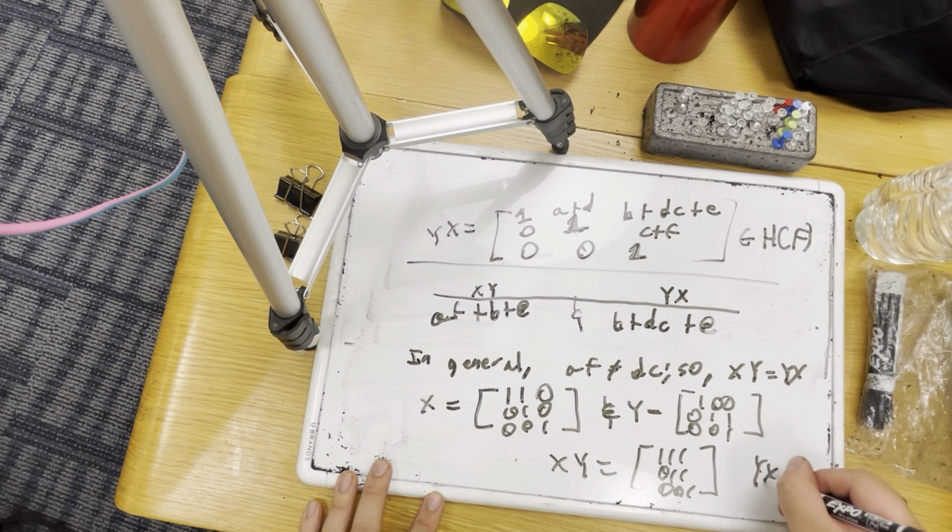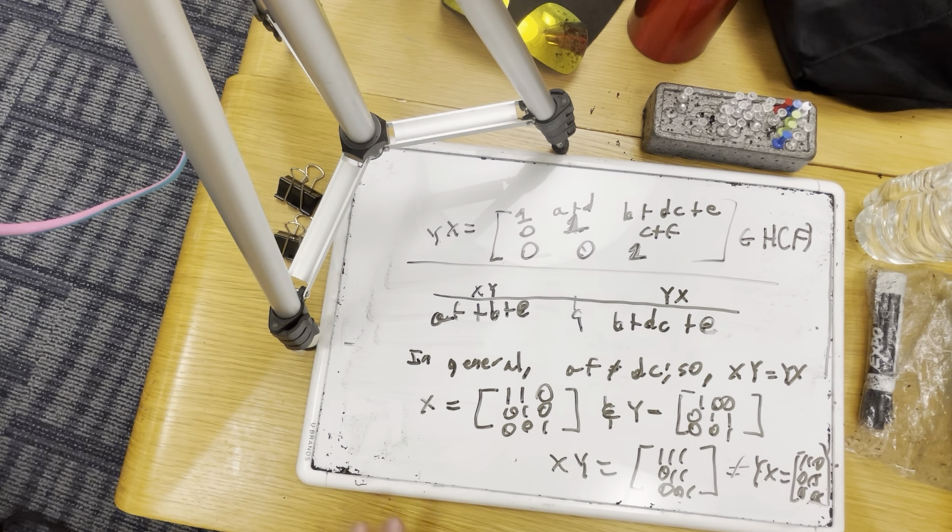And YX is equal to 1, 1, 0, 0, 1, 1, 0, 0, 1. So those things are not equal, right? Not abelian. All right. So we have non-commutativity. H over F is closed under multiplication, sure, but it's not commutative.